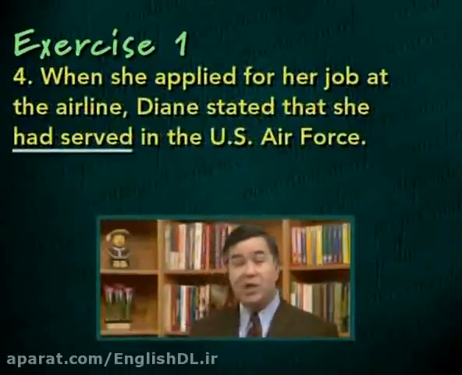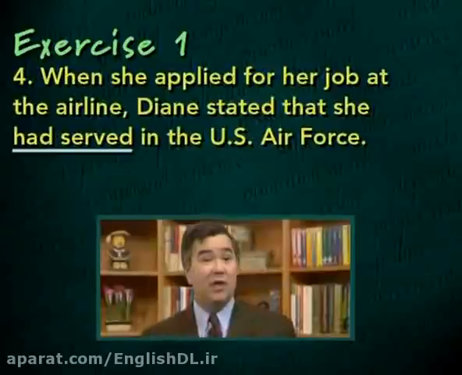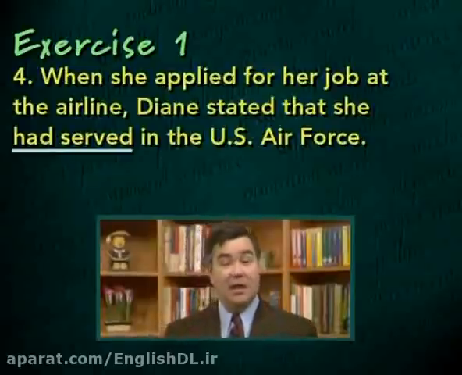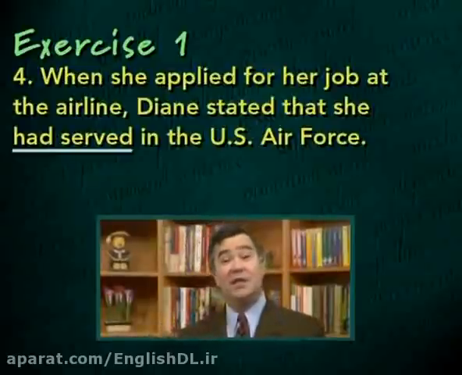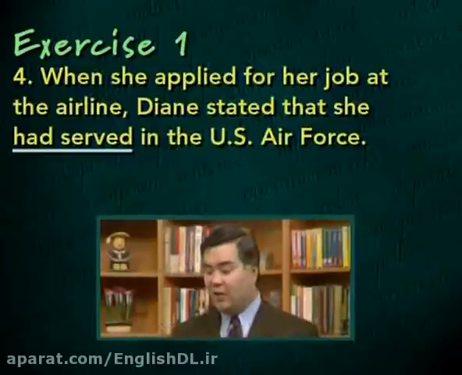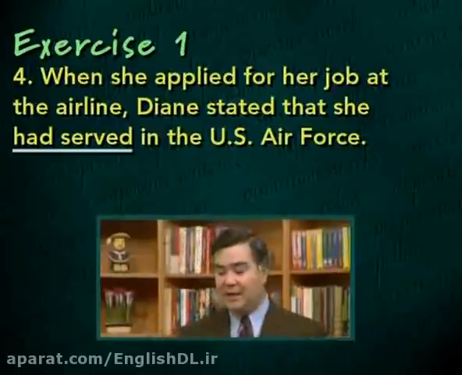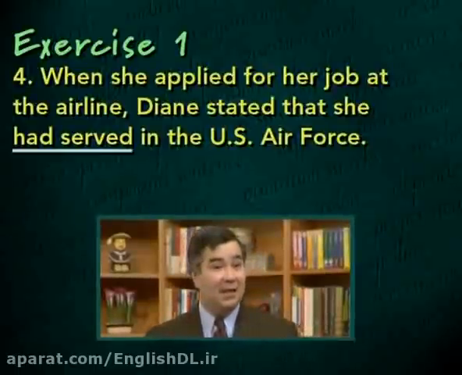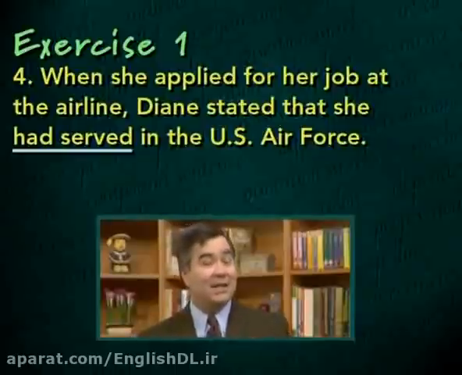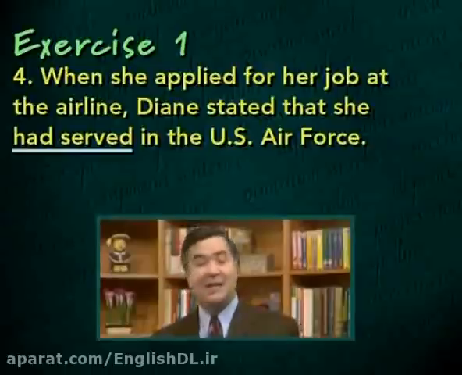Next, when she applied for her job at the airline, Diane stated that she had served in the U.S. Air Force. Now, we actually have 3 different events or activities in this sentence. She applied for her job at the airline. That's one event, and that's taking place in the past. Diane stated, so Diane stated or said something, that's another past event, and that took place at the same time as the application.